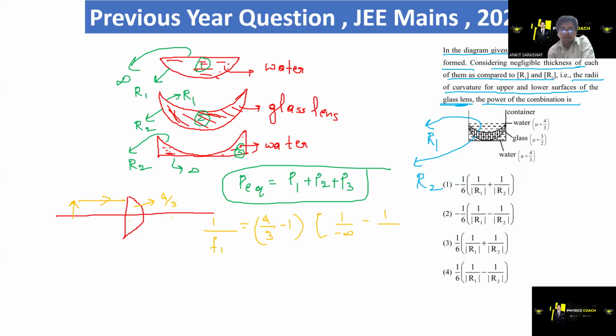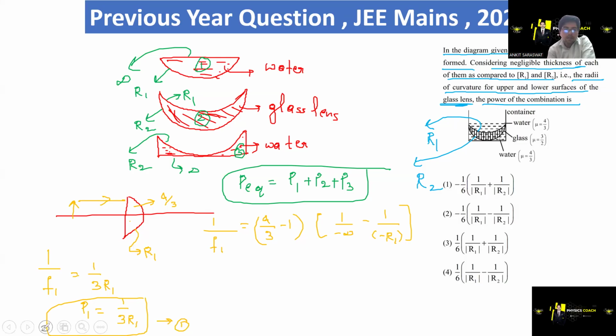R2 is, this is what? R1. Okay, it's minus R1. So what is 1 upon F1? 1 by 3R. So P1 is 1 by 3R. Equation 1. Clear?